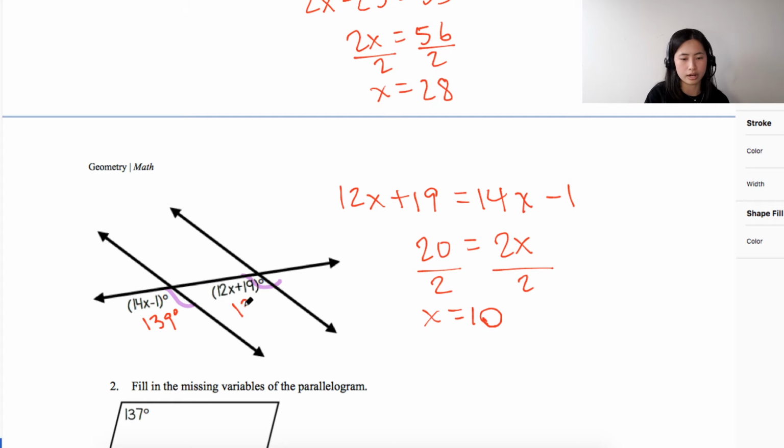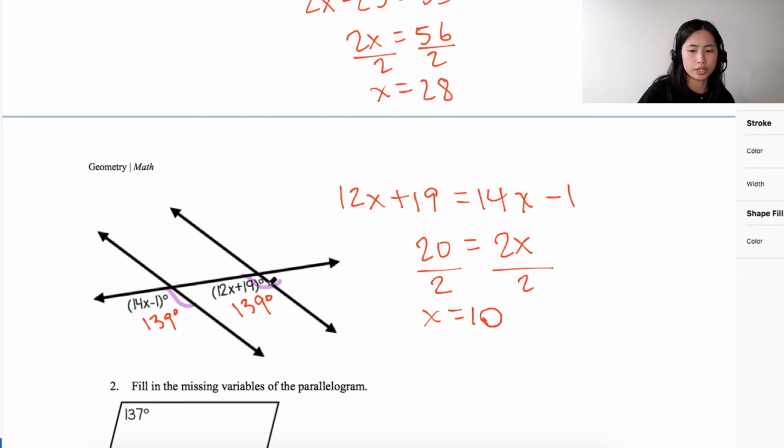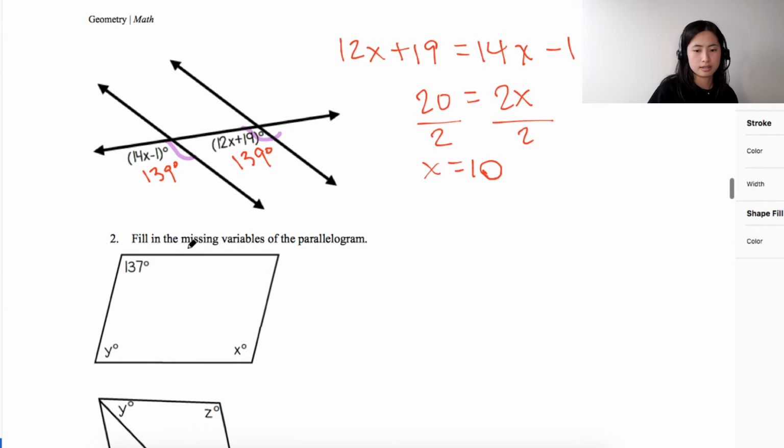Because they're corresponding angles, this is what you call corresponding angles because they're on the same side of the transversal, so these two are congruent. Great, let's move on to the next figure.